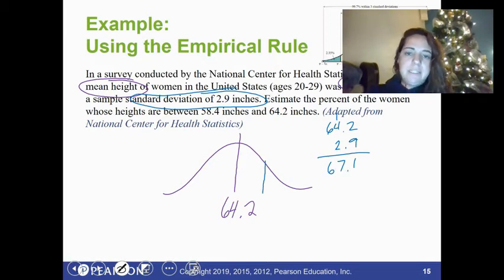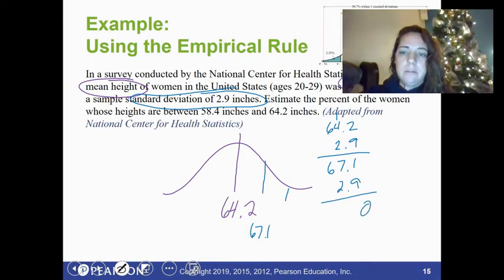Hopefully I got it right. 67.1. If I go up 1 more group, I'm just going to add 2.9 again. That'll be 70. So this one would be up here at 70.